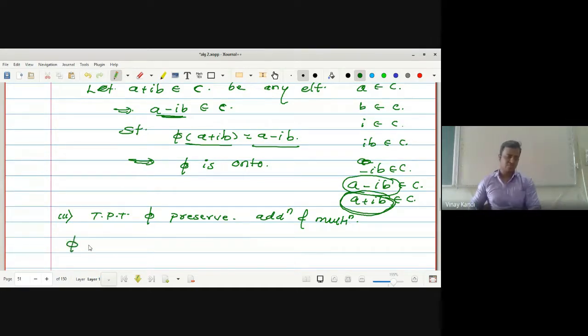What is phi of A plus IB plus the element C plus ID? Phi of (A plus C) plus I times (B plus D).